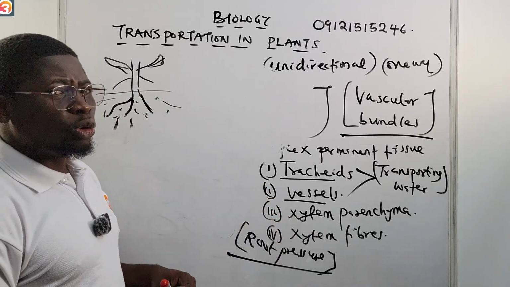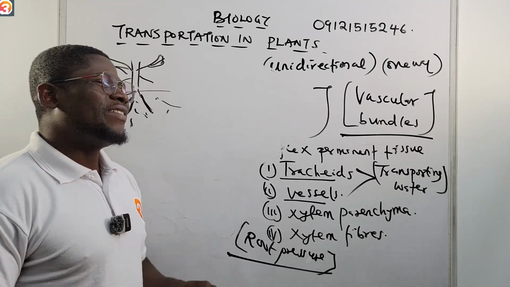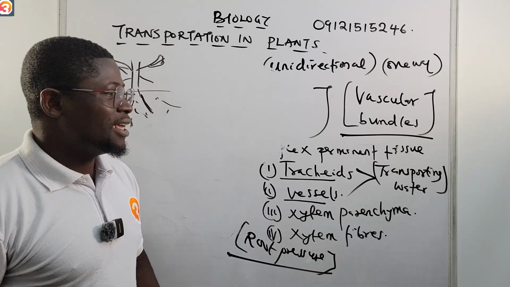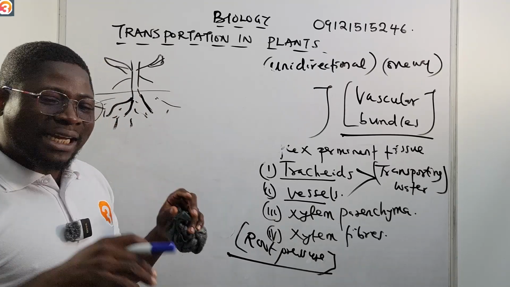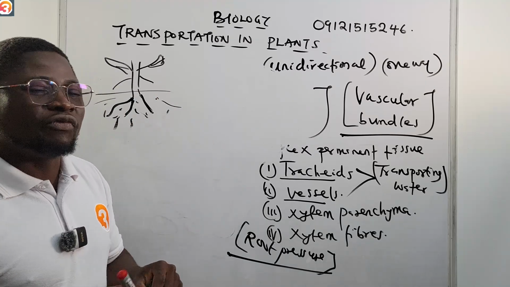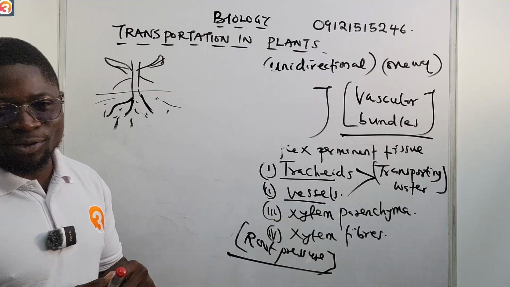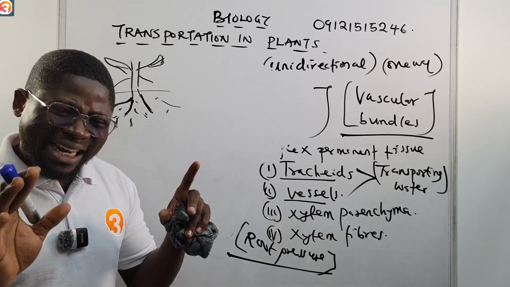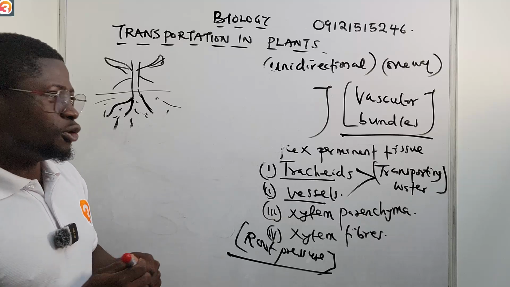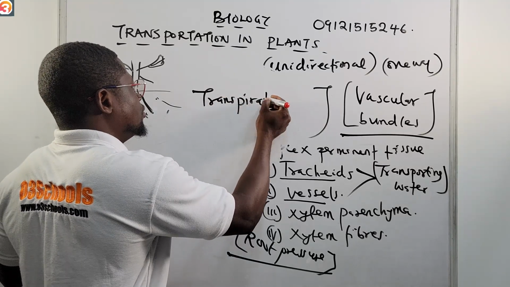All right. Then also, in very, very tall plants, some plants are taller than others, like the one I'm showing you right now in this video, is root pressure enough to carry that water to the upper part of that plant? The answer is no. For very tall plants, there's another physical force that comes into play, and that is called transpiration.